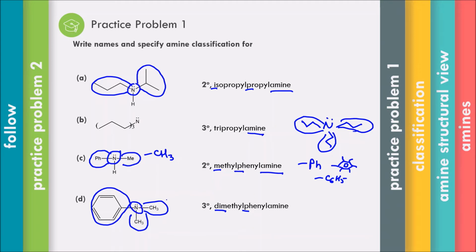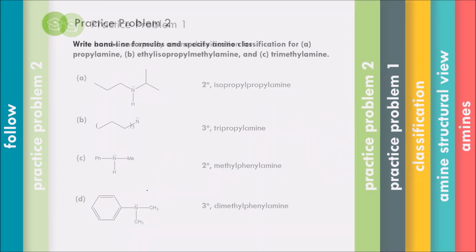Dimethylphenylamine, and we understand it's a tertiary compound, and the reason why it's tertiary is because we got 3 organic substituents which are replacing hydrogens on the main nitrogen in the center.